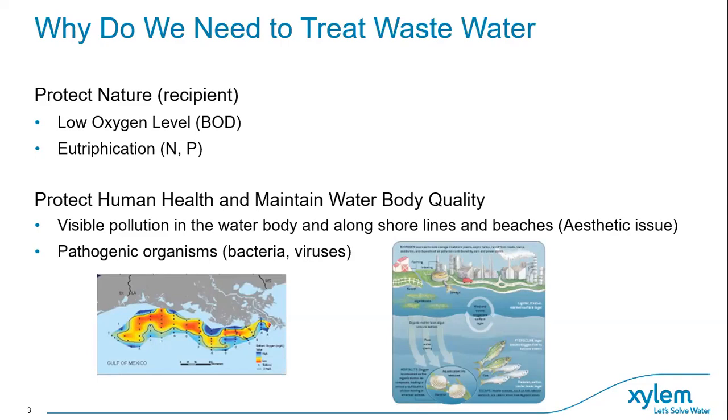So that's returning water back into the system with low oxygen levels, low BOD growth, and a good amount of eutrophication. It's all about, as we say, protecting beaches, protecting water sources, so we can enjoy them and make use of them for further use for clean water.